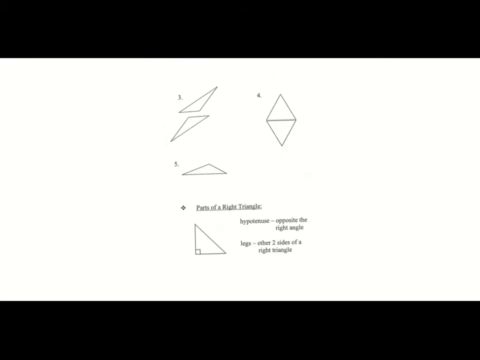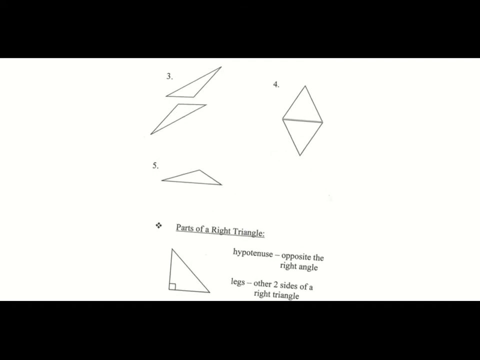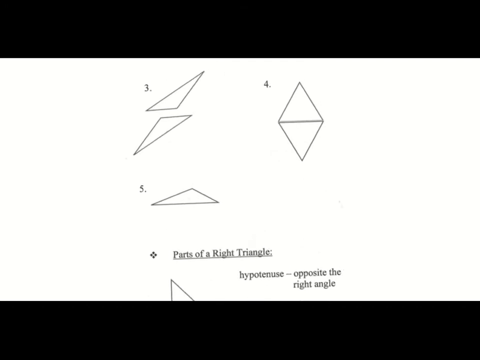In number 3, we are given that these angles up here, actually let's make this a little bigger. Okay, for number 3, these angles are the same. They're congruent. This side and this side are congruent, and these two sides are congruent.